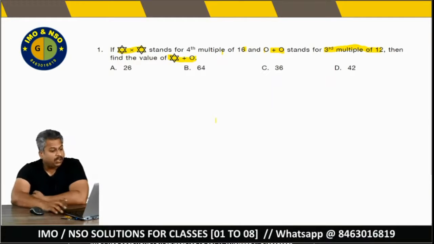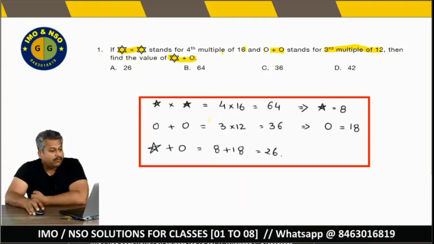Star times star is the fourth multiple of 16, which is 4 times 16, that is 64. 64 can also be written as 8 times 8. So the value of star will become 8.